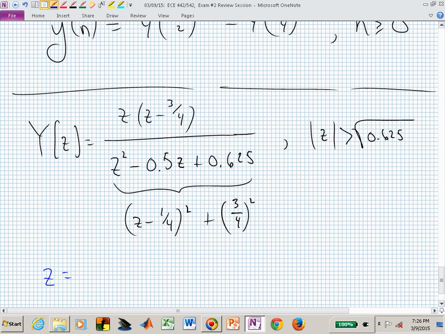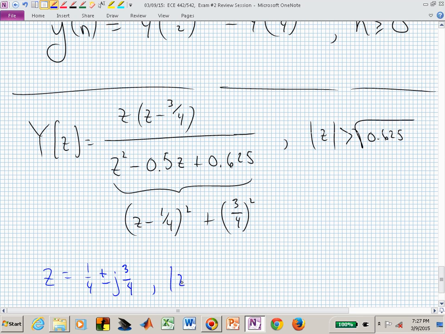If you tried to find the value of z that caused that denominator to vanish, it would vanish for z equal to 1/4 plus and minus j 3/4.